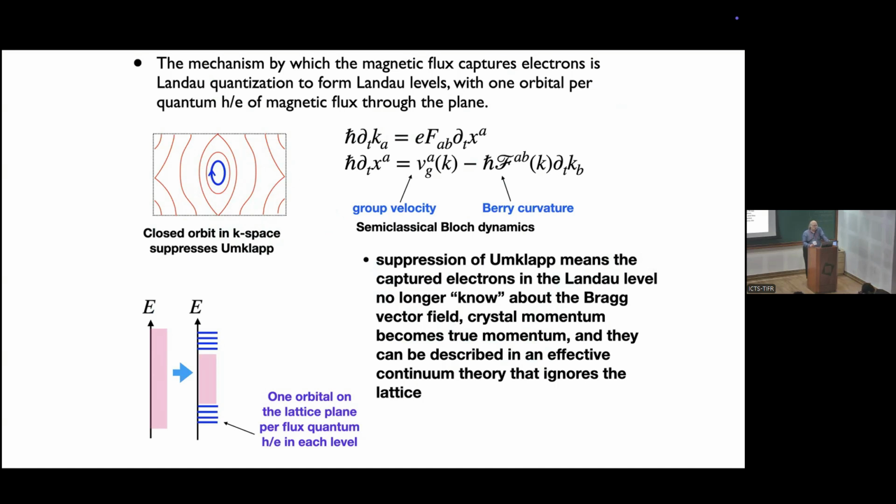So they lose connection to the lattice, at least the lattice plane in which they're free to move. And crystal momentum can be treated as true momentum, and we can work in a continuum model which doesn't see the underlying lattice anymore.